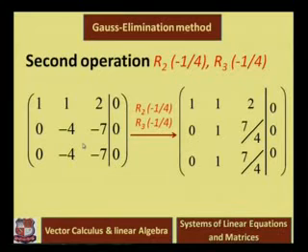Now notice the resultant matrix after the first row operation: there is a minus 4, but this is the position of the second leading one. So for that we proceed.